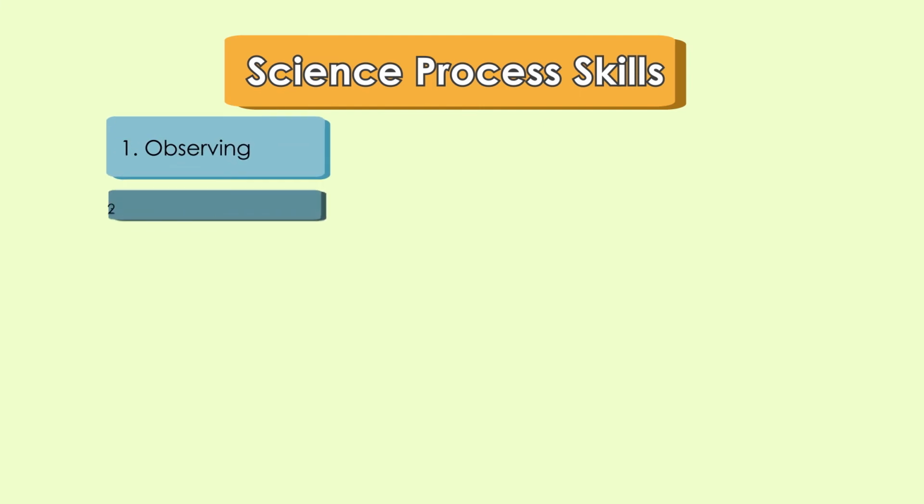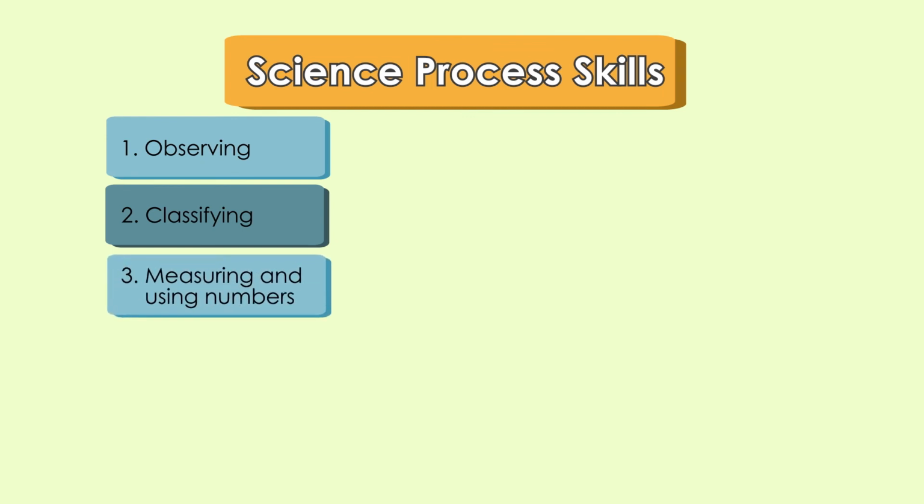Well, boys and girls, we are almost at the end of our lesson now. But before we go, let us recap what we have learned today. Science process skills involves 12 skills. 1. Observing. 2. Classifying. 3. Measuring and using numbers. 4.